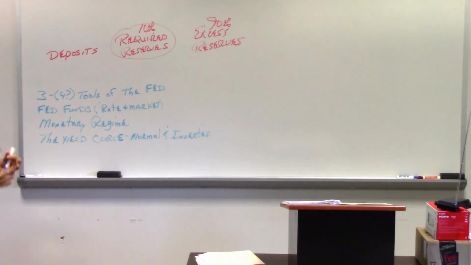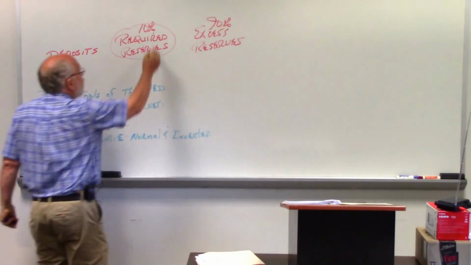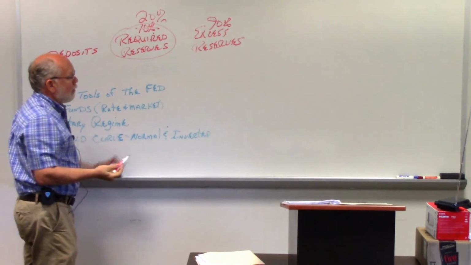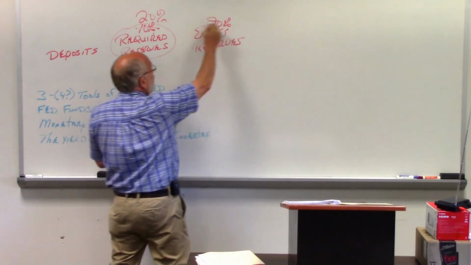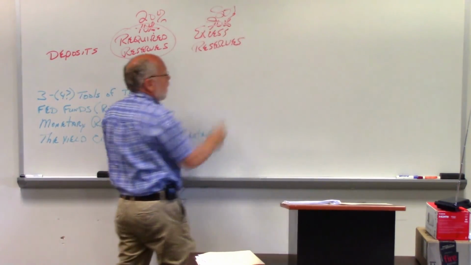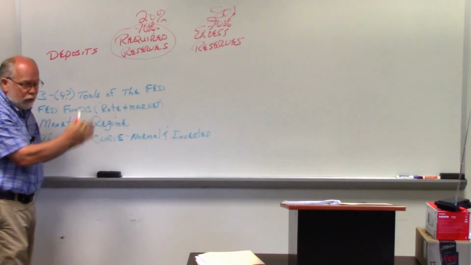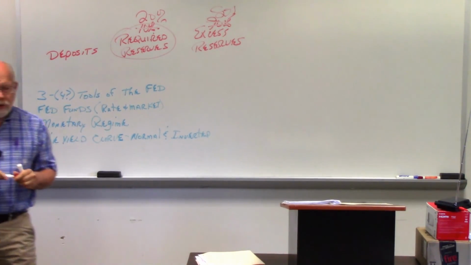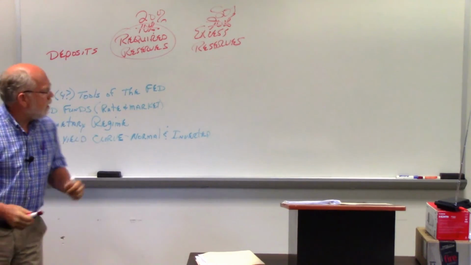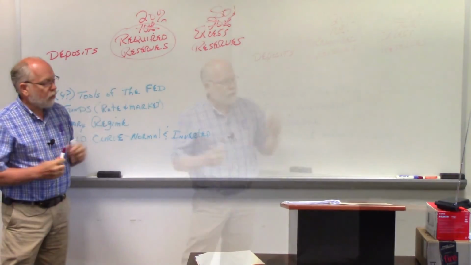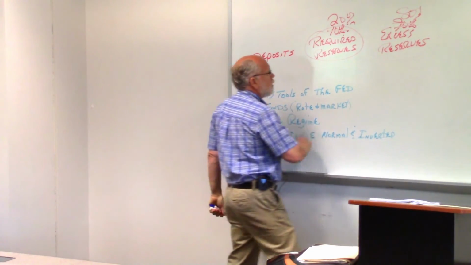So if the Fed wanted to tighten up the money supply, it could take it from 10% up to 20%, and that means our excess reserves are now down to 80%. Ooh, we don't have as much money to loan out, and it reduces the money multiplier. So the first tool of the Fed is to control the required reserves of the commercial banking system.